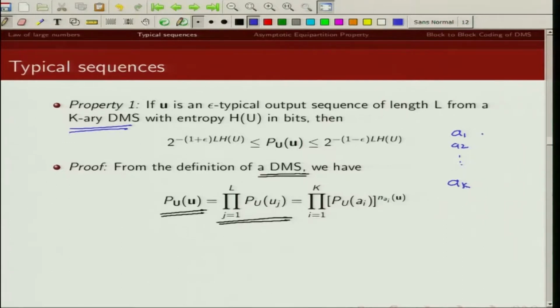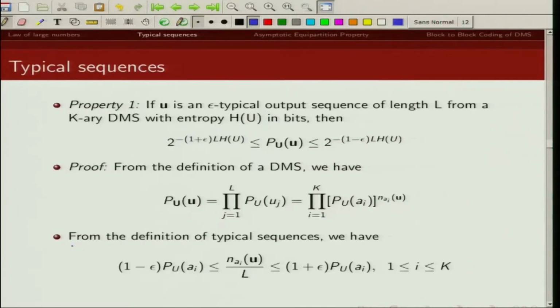So let us say A1 is emitted NA1U times, A2 is NA2U times, similarly AK is NAKU times. So then I can write the same probability in this particular fashion. So it's a product from i going from 1 to K, probability of Ai raised to power NAiU, where NAiU is the number of times this Ai is appearing in this output sequence of length L.